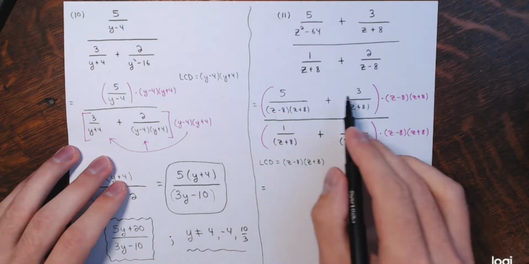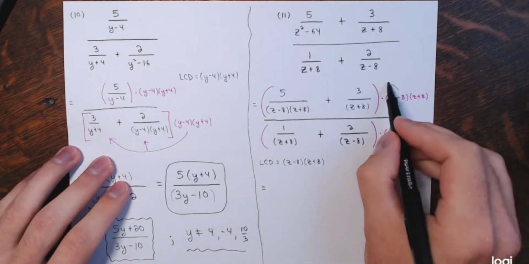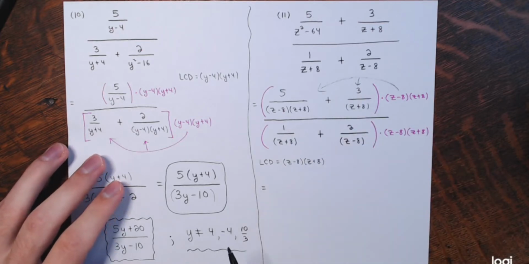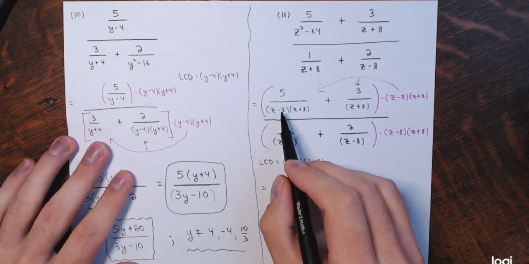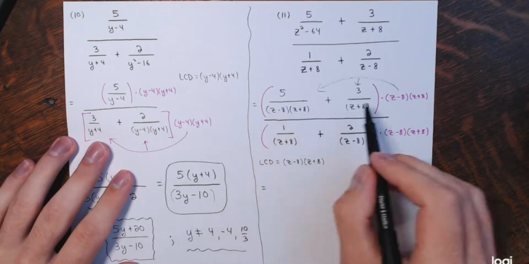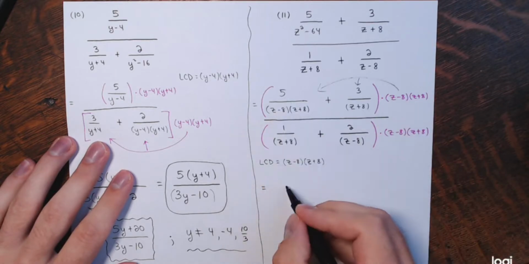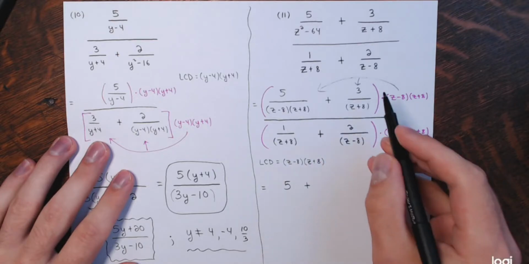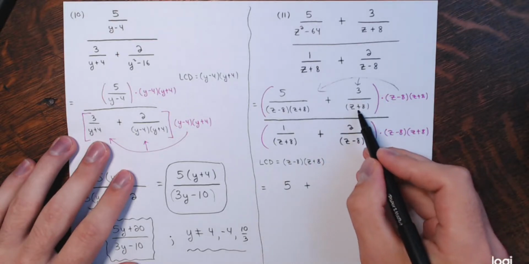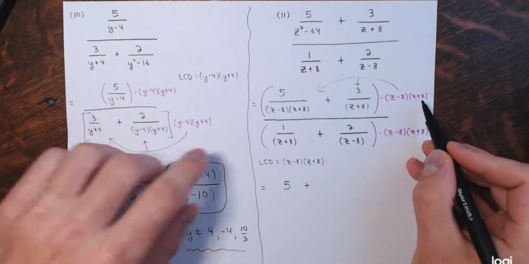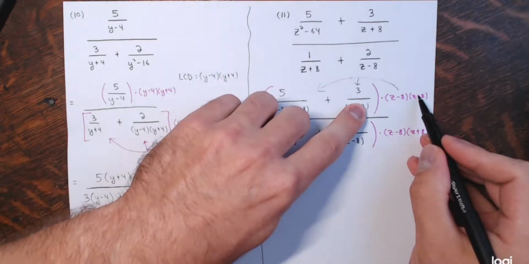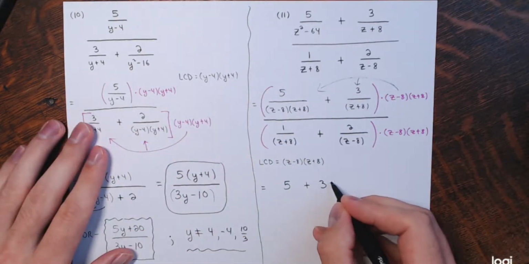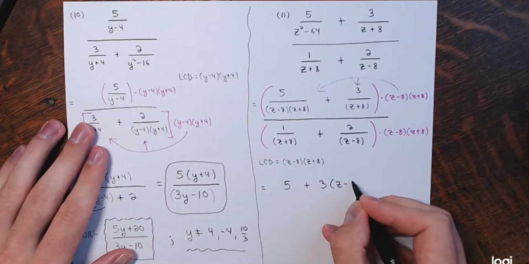Now in the numerator, when I distribute the LCD, I multiply both of these fractions by the LCD. In the first term, both z minus 8 and z plus 8 will cancel, leaving me with 5. And I have plus. And then in the second fraction, only the z plus 8 will cancel, leaving me with 3 times the quantity z minus 8.